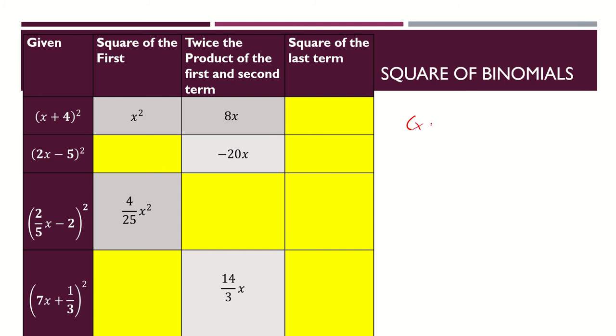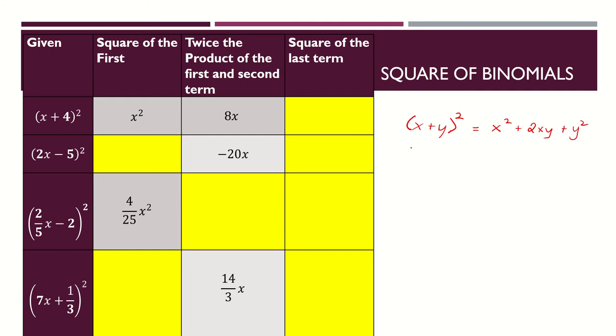So, let's say our binomial is x plus y squared. Okay? So, the product will be x squared plus 2xy plus y squared. So, saan nakuha itong sagot na to? It's from multiplying x plus y times x plus y.